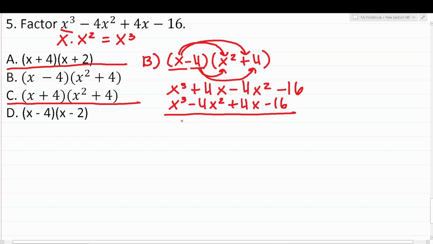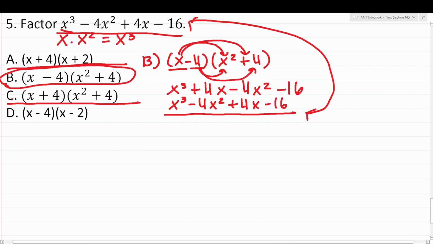All right, so let's see if this matches. We have x to the third, minus 4x squared, plus 4x minus 16. Since these two match, I know that the factors of x to the third minus 4x squared plus 4x minus 16 are in fact x minus 4 times x squared plus 4.